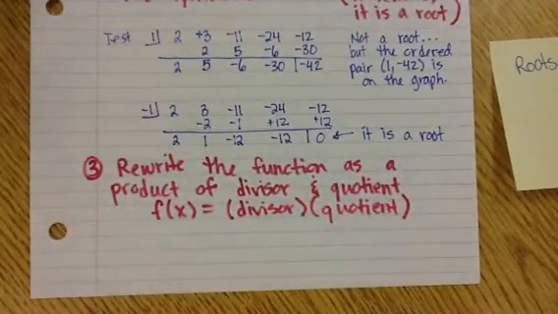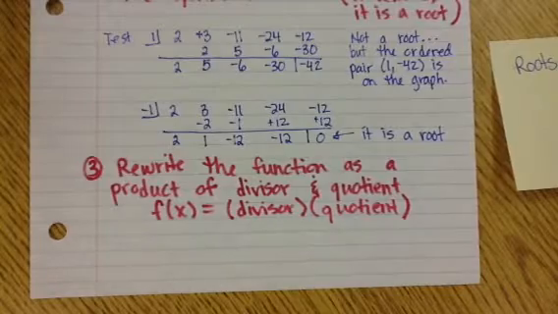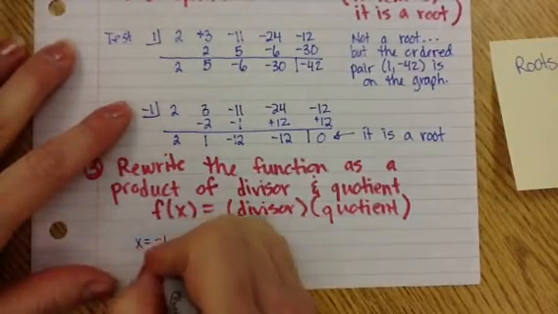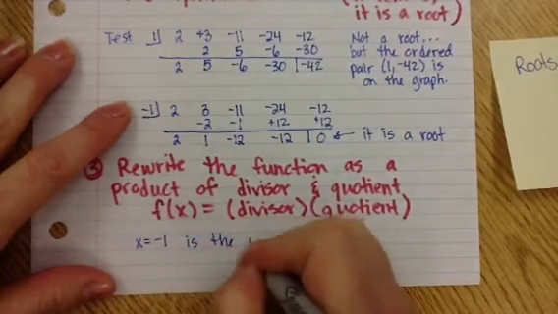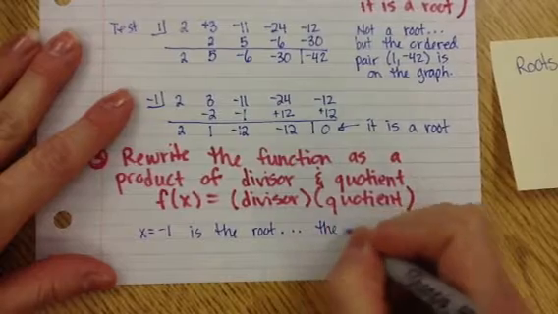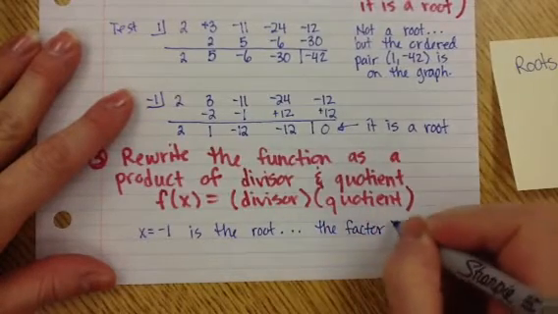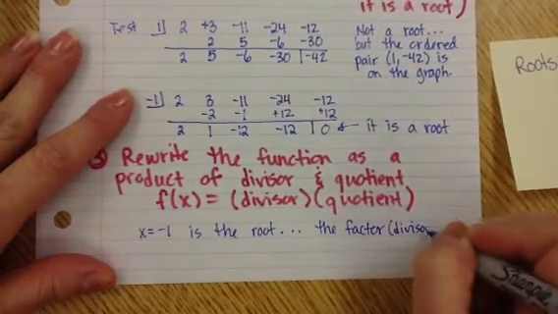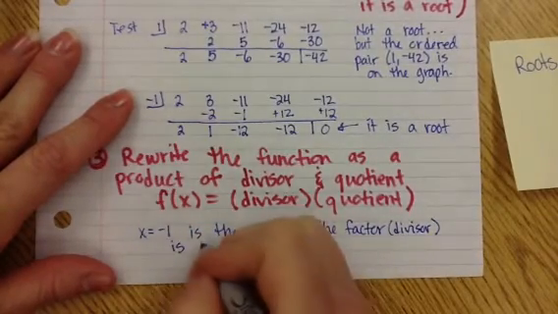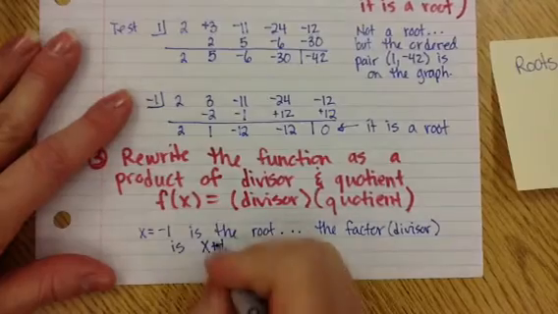Now, just a reminder on that: if x = -1 is our root, then the factor or divisor is going to be x plus 1.